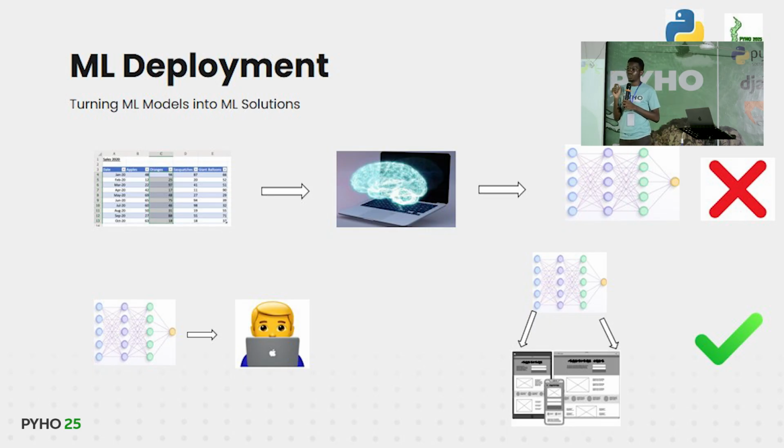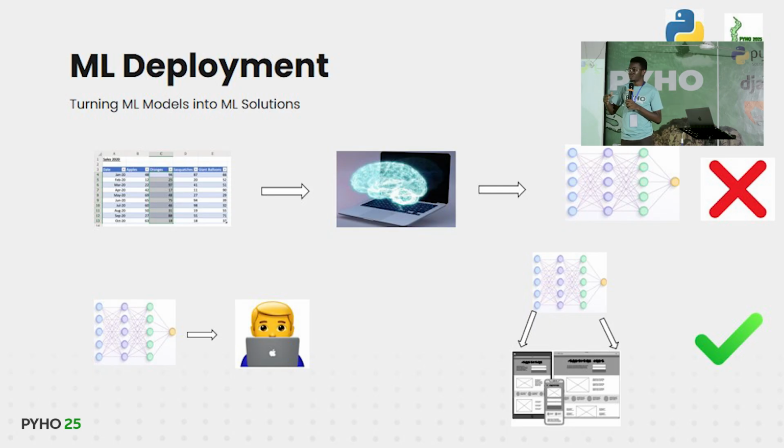One thing you need to look out for when you are deploying your ML models and integrating them into your web application is latency. You don't want a situation where you make API calls to your model, and your model is not responding on time.